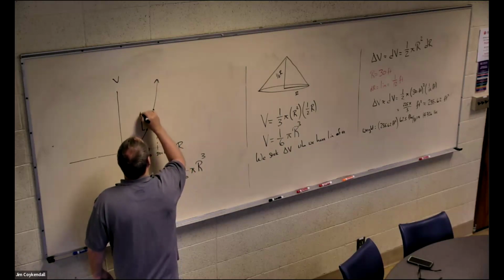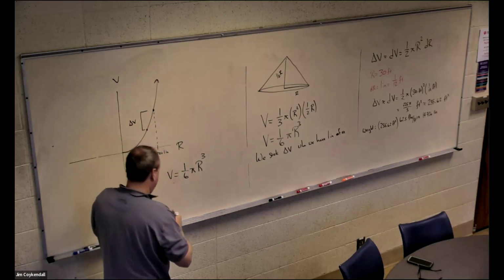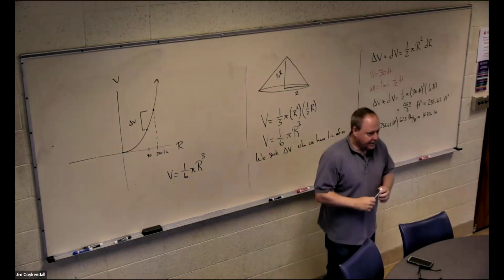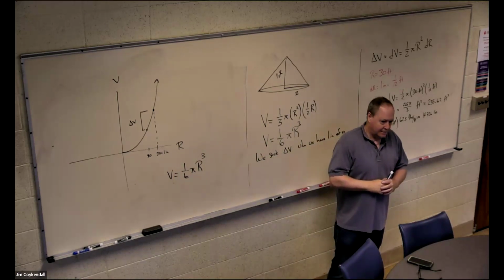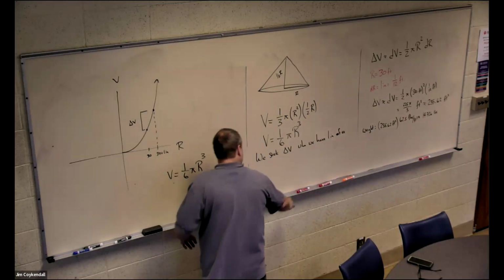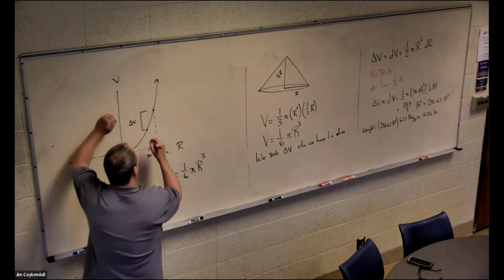This is the actual change in the volume. Did we overestimate it or underestimate? What all of these approximations do is use the tangent.